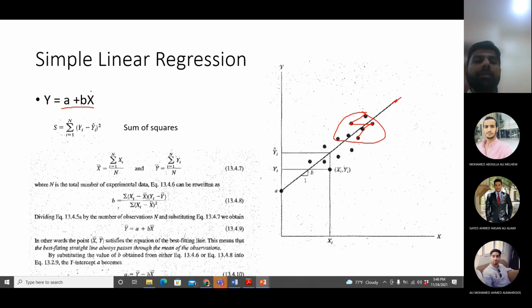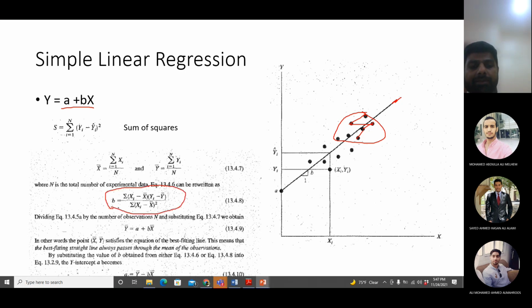Then they take partial differentiation with respect to b and again put it equal to 0. So you will have an equation in terms of a and an equation in terms of b. This is how they find the values of a and b. But we don't have to do it for each one of them. Actually, finding out the value of a is very simple. First of all, the value of b can be found like this.